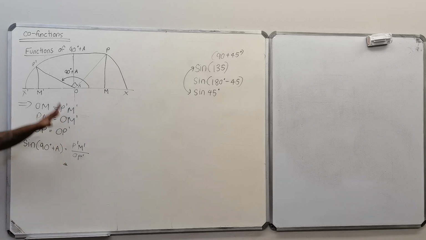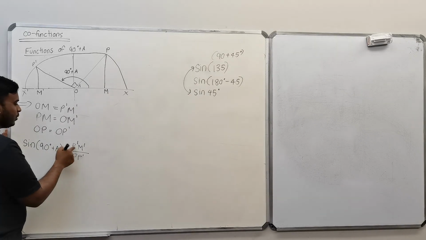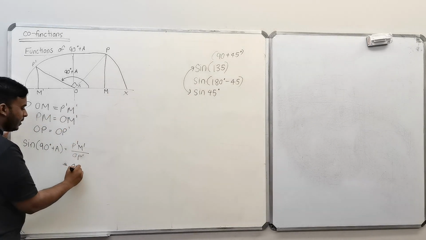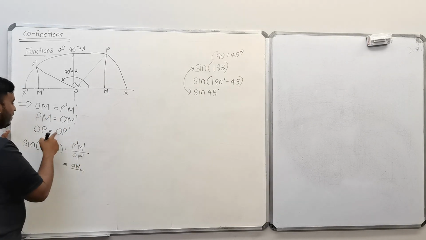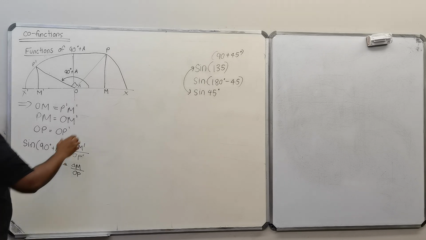You understand this, right? But didn't we say that these lines are also equal to this point? So if I change this now, this point here would be OM and OP prime would be OP. Whereabouts are these lines?